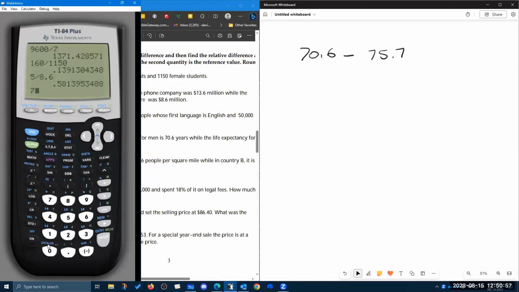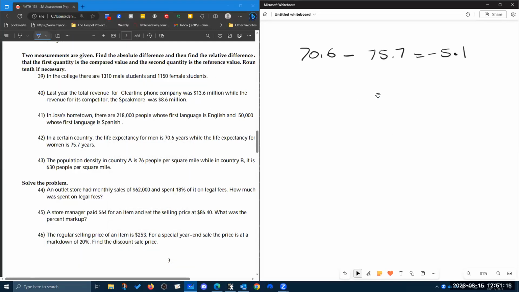My absolute difference here is going to be negative, and that tells me that comparatively the men are living less time than the women, that the women live longer. So there's an absolute difference of 5.1 years that the men live less than the women.